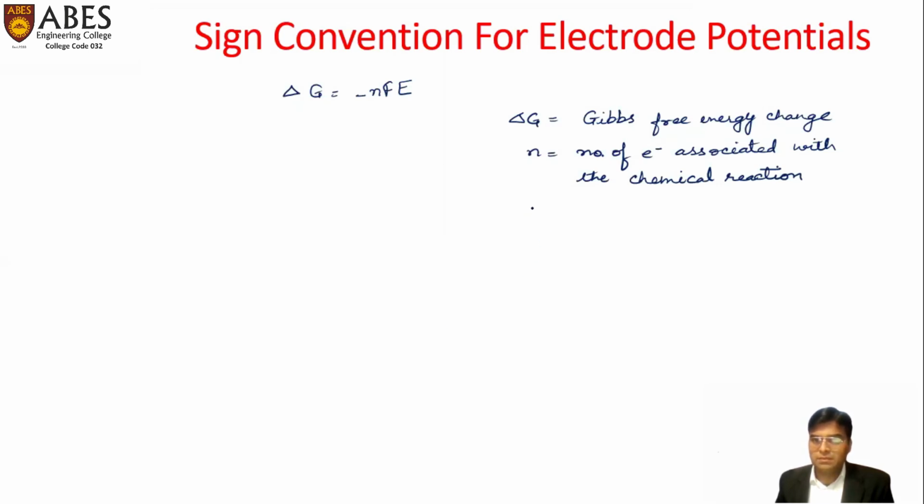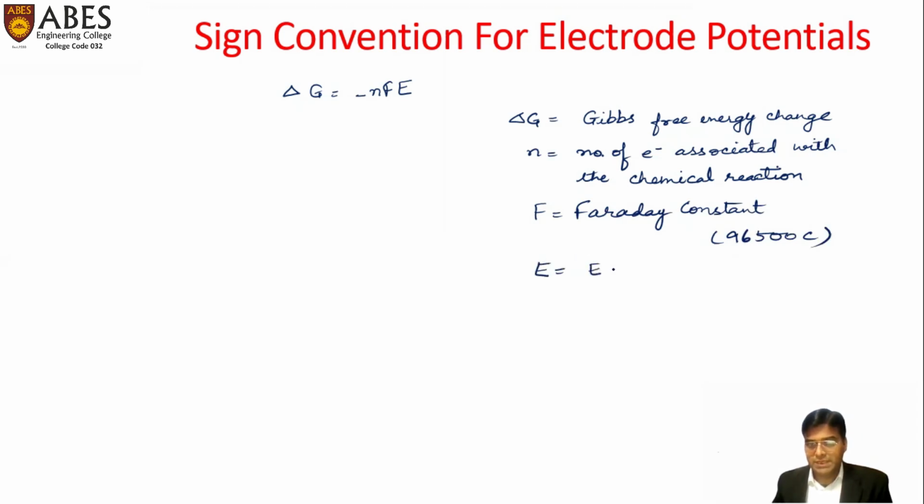F is the Faraday constant. And E is the EMF of the cell.